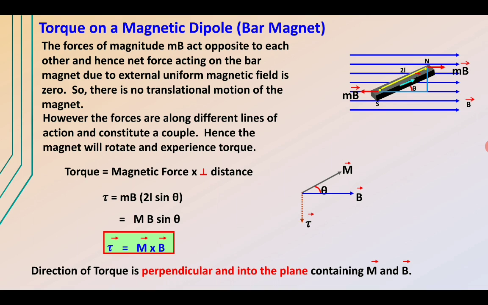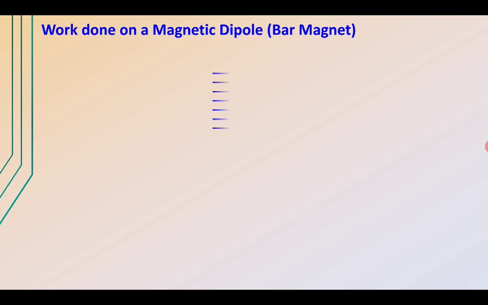Now after finding the torque acting on the given bar magnet placed in a magnetic field, let us find the work done on this bar magnet due to that torque and the total potential energy.